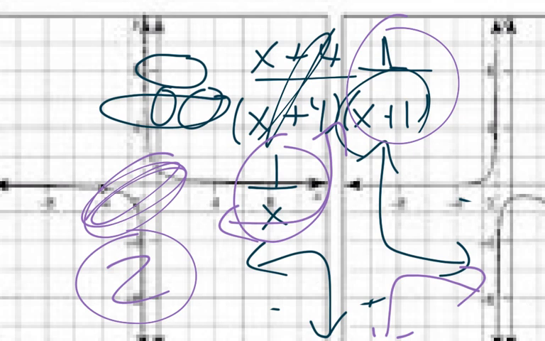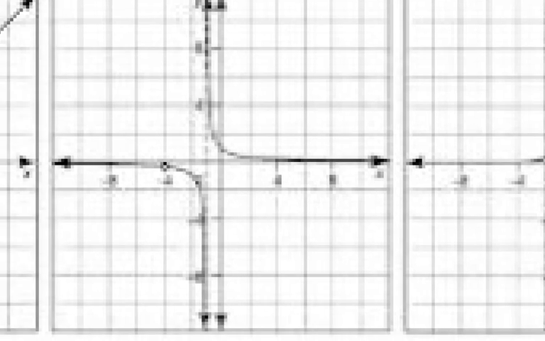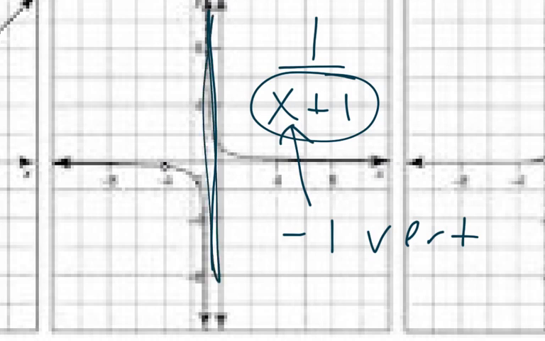Now, if we go back to our second graph, let's clear the ink here a little bit. All right, this one right here, notice, didn't we end up getting 1 over x plus 1? So what that means is the x plus 1 becomes 0 at negative 1. That's our vertical asymptote. Remember, whatever makes the denominator 0 is our vertical asymptote. Notice right here is my one and only vertical asymptote at negative 1.